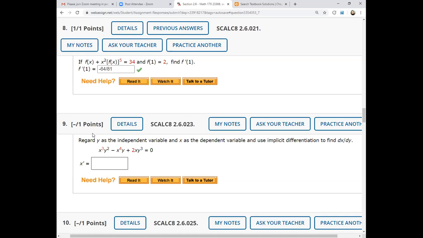So the first part of the first product is going to be 3x squared dx dy, the derivative of the first one times the second one, so times y squared, plus the first one, okay, wait. See, I have to do it backwards from the way I normally do it, so I don't confuse you.